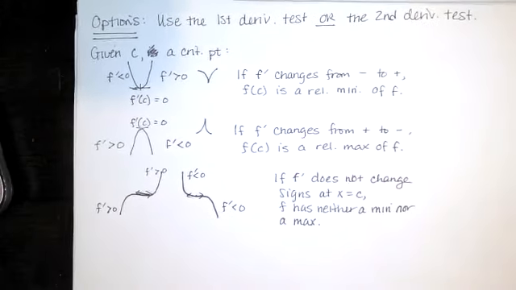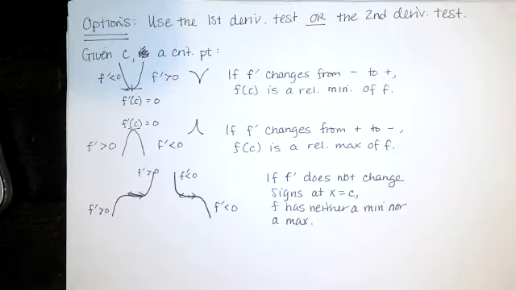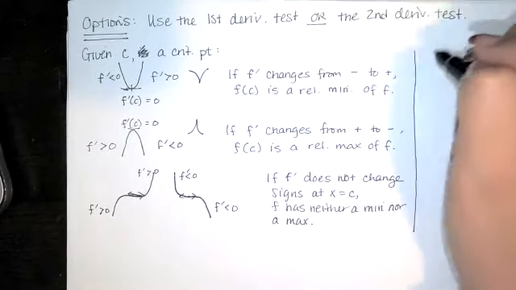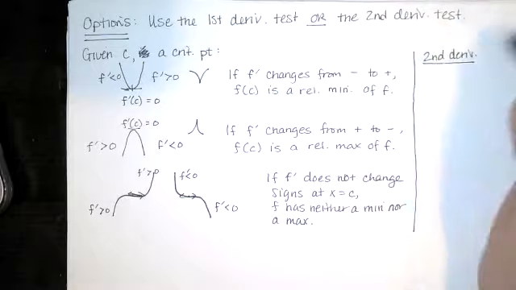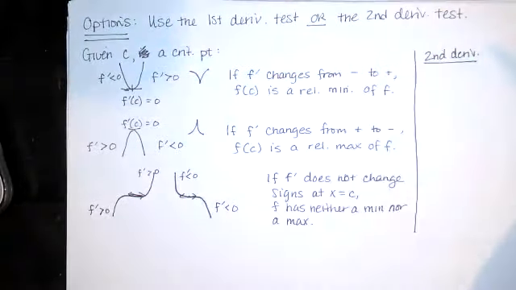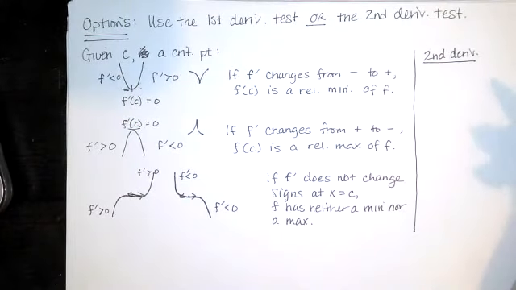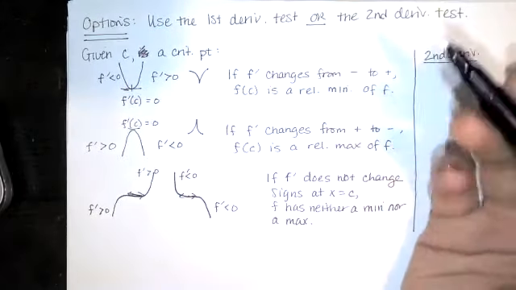Okay, so this is called the first derivative test, because we're looking at how the first derivative changes. And the second derivative test does not deal with these cusps. It only deals with these two cases. If f prime of c is 0 and the graph looks like this, the graph is concave up.